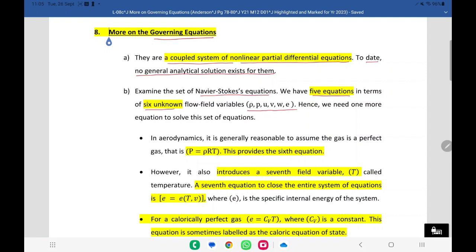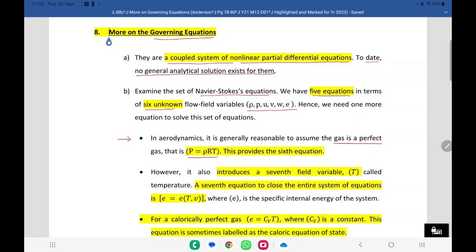So in aerodynamics, what we do is use the assumption that the gas is a perfect gas. Air, if we are using air, can be taken as a perfect gas, or any gas, if temperatures are higher and pressures are not very high, behaves like P is equal to rho RT.